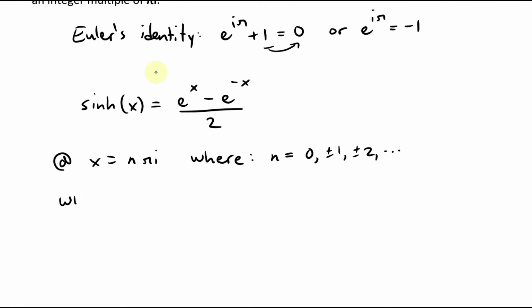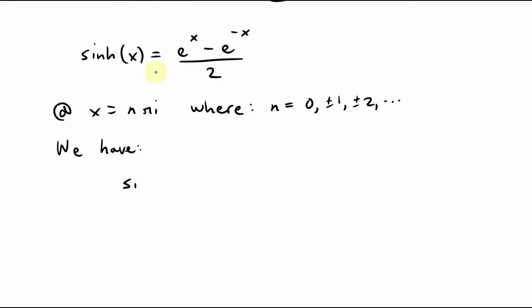We have sinh of x, where x is equal to nπi, equals, plugging this in, (e to the nπi minus e to the negative nπi) over 2.